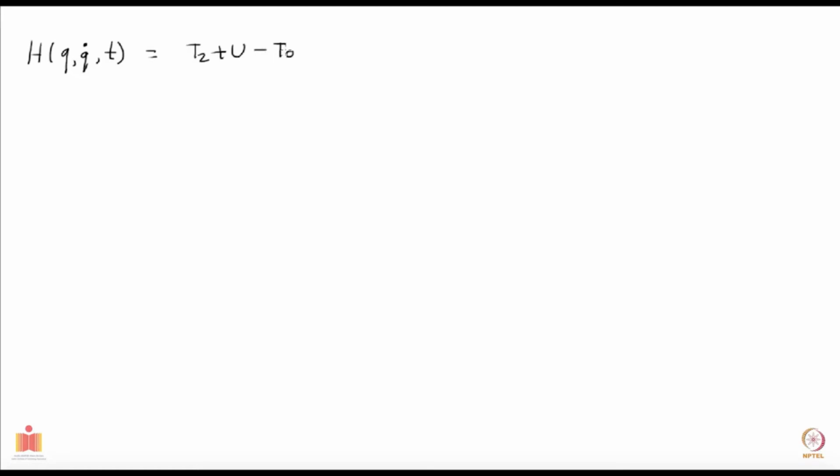Okay, where the kinetic energy T you can write as T2 plus T1 plus T0, and the terms T1 and T0 are present only if your transformation to generalized coordinates involves time explicitly. Okay, I hope you recall this. And if they are explicitly time dependent transformations, then you have T0 and T1 as non-zero quantities, and this is what you get here then for the Hamiltonian.